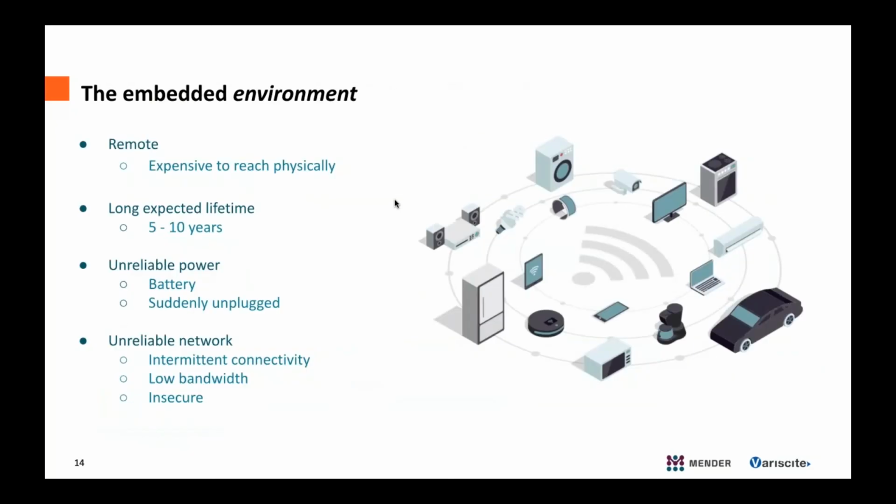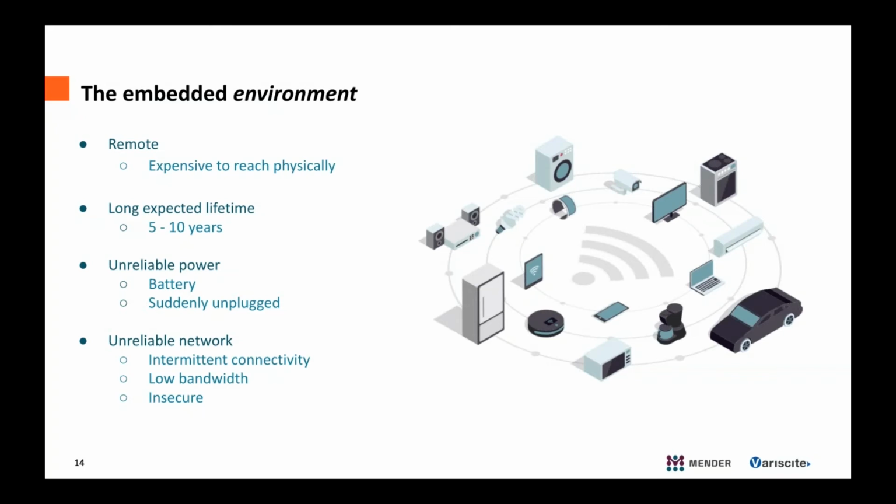So what is it about the embedded environment that makes this a little bit tricky? In the enterprise software update space, generally speaking, you have operators that can easily get hands on the devices, and doing an update using apt-get or whatever packaging system is built into your target distro is a fairly common mechanism.